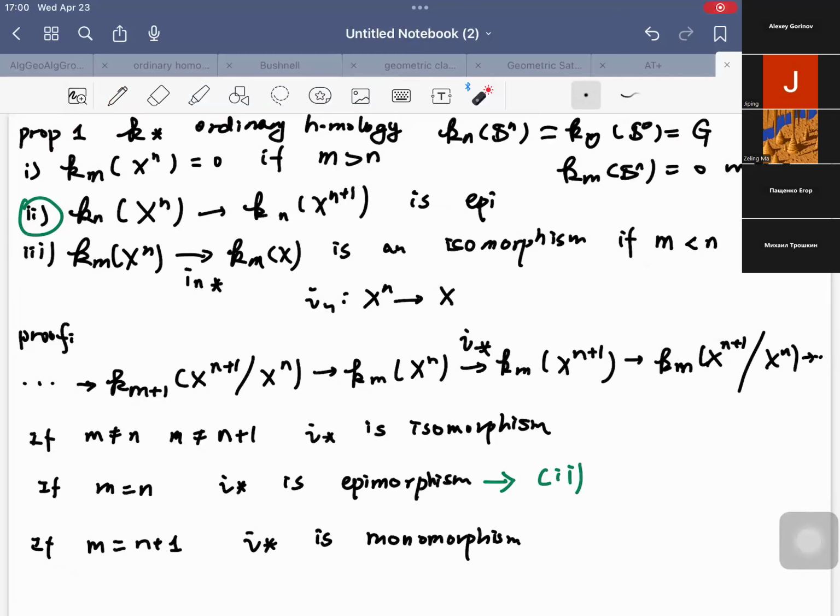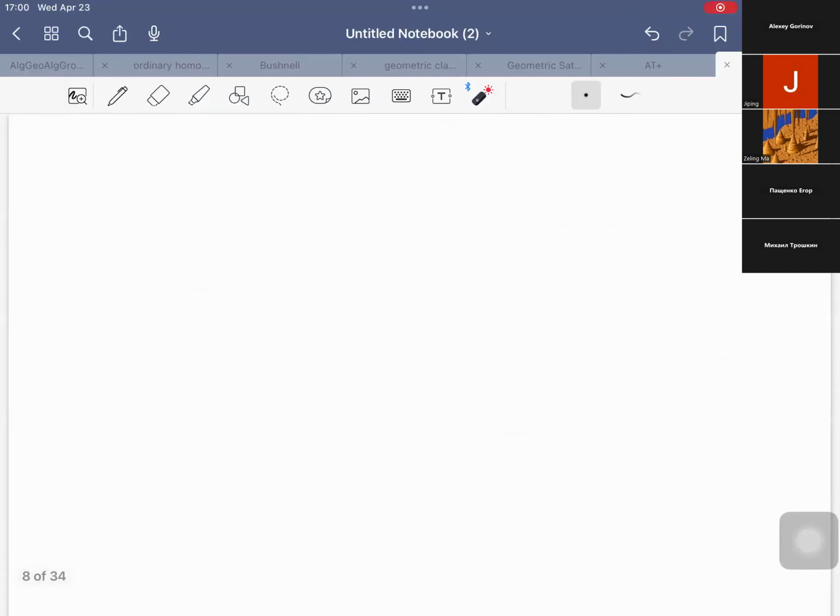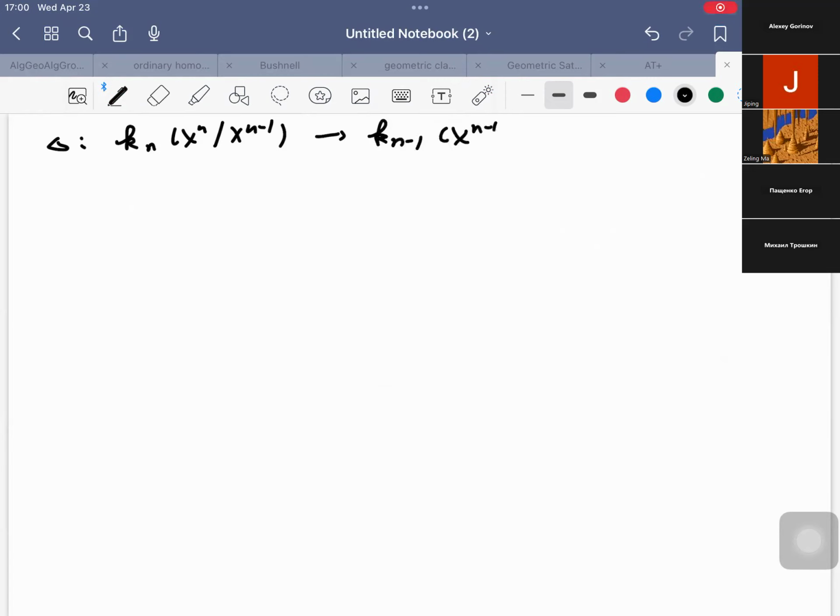Now we need to give a differential from K_n(X_n minus X_{n-1}) to K_{n-1}(X_{n-1} minus X_{n-2}), because we want to prove this.